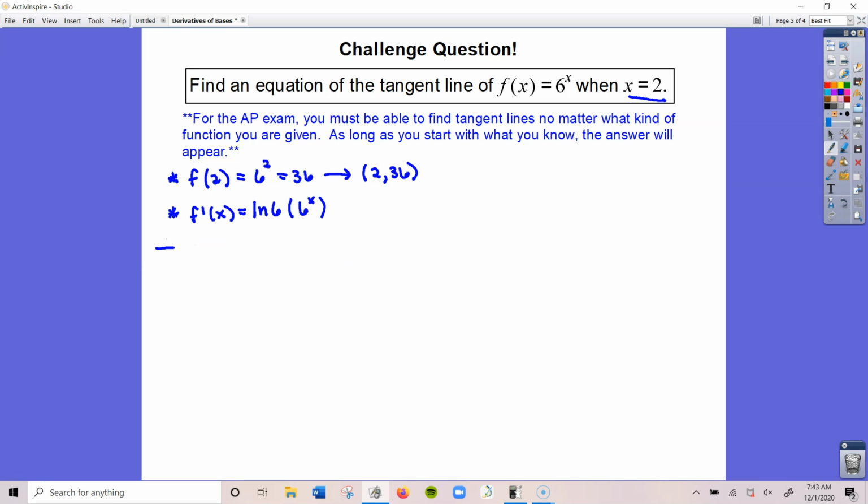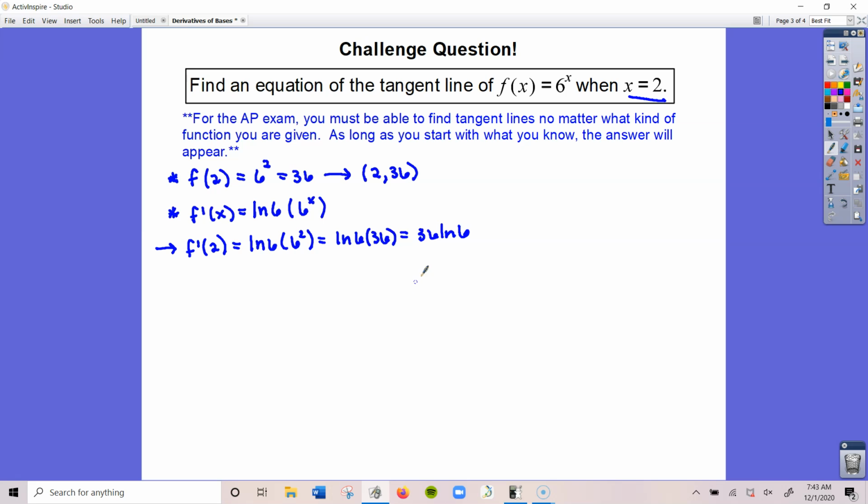And now I'm ready to find my slope, so I can go ahead and plug in 2, which would equal the ln of 6 times 6 squared, which is equal to the ln of 6 times 36, which you can write a little nicer as 36 ln 6.